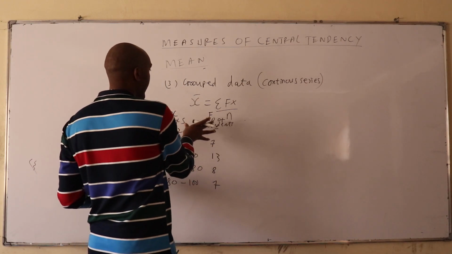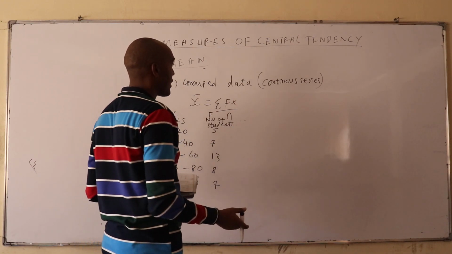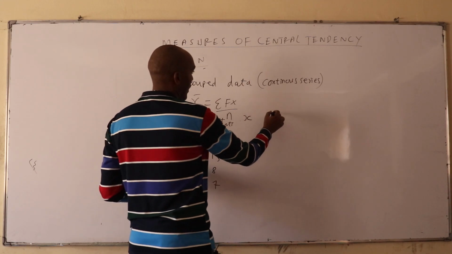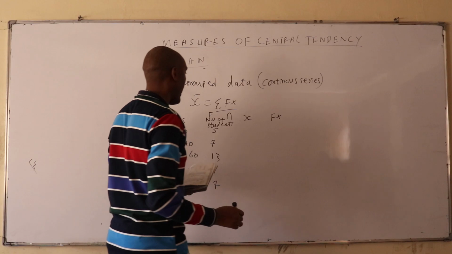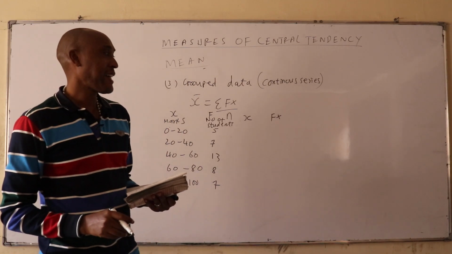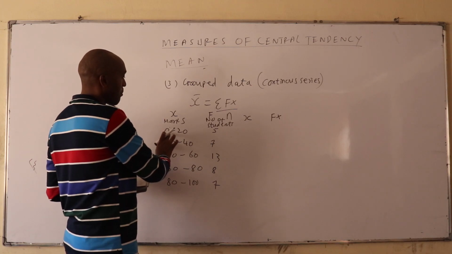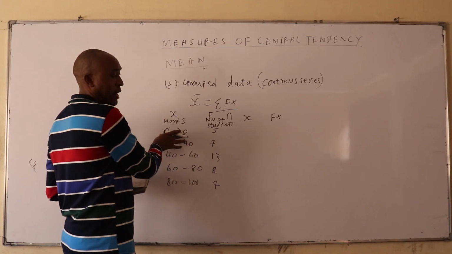In grouped data continuous series, we don't have x given, so we have to look for x, then we look for fx. How do we get x? We add this plus this and divide by 2. We call this the lower class and this the upper class. So you add the lower class and the upper class, then divide by 2.